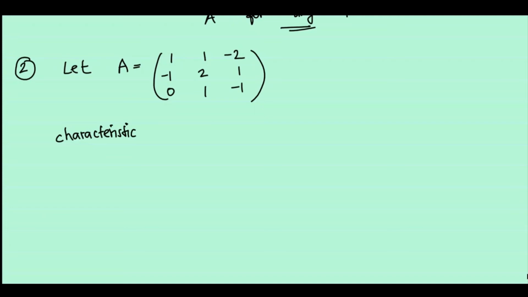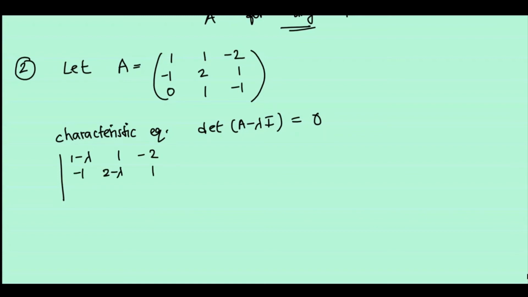So the characteristic equation, as we have discussed in the previous sessions, is the determinant of A minus lambda I equal to 0. So this implies the determinant of [1-lambda 1 -2; -1 2-lambda 1; 0 1 -1-lambda] is equal to 0.